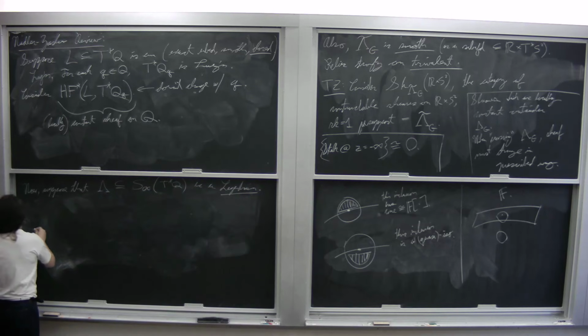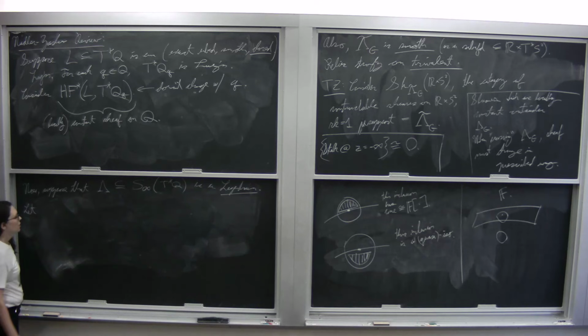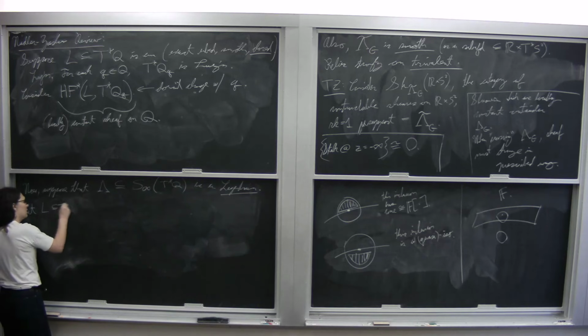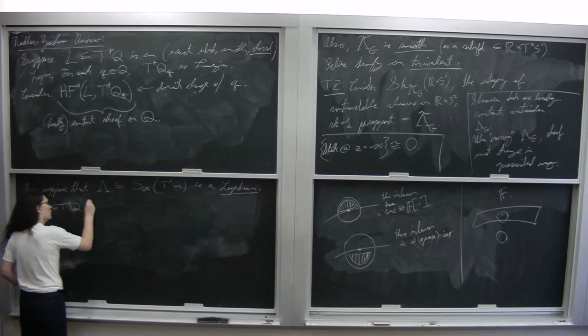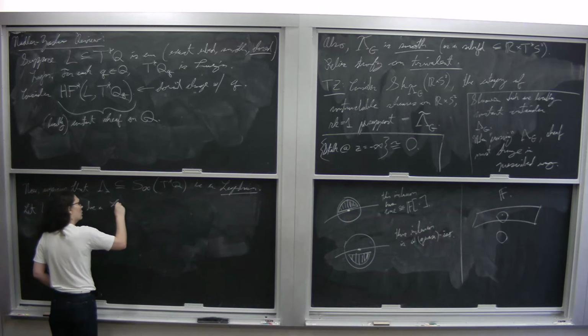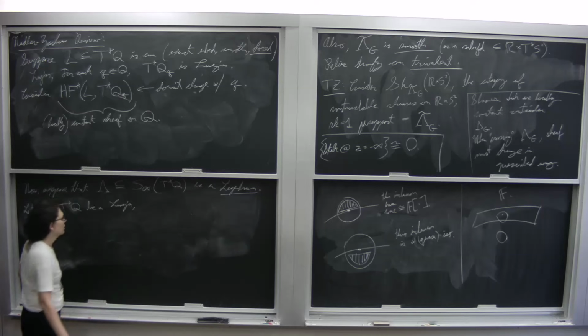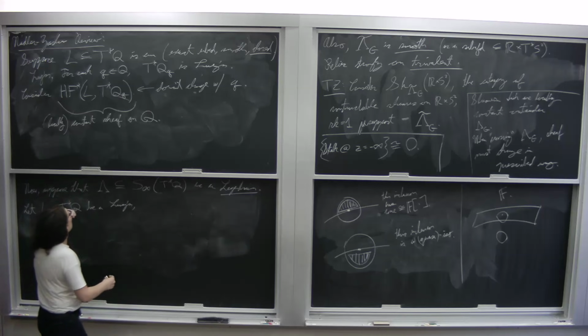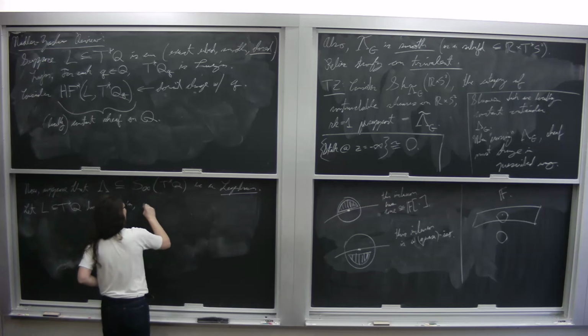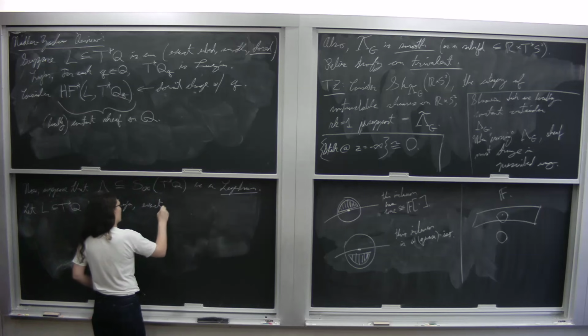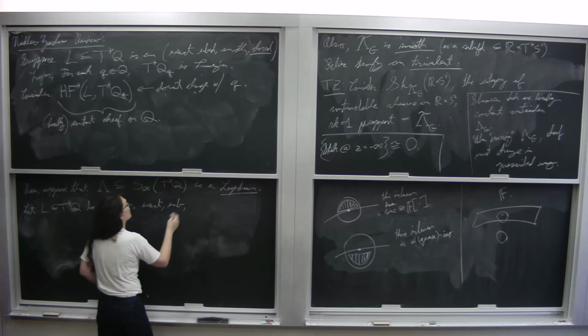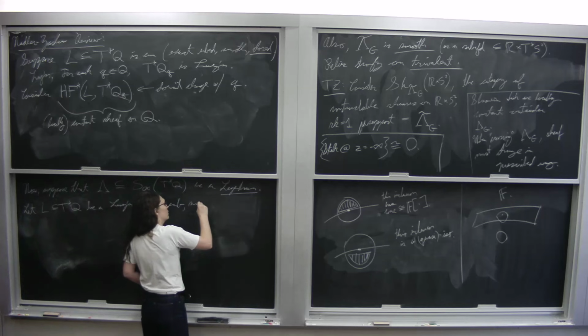And now let L inside of T star Q be a Lagrangian, which I'm still going to assume is exact, embedded, and smooth.